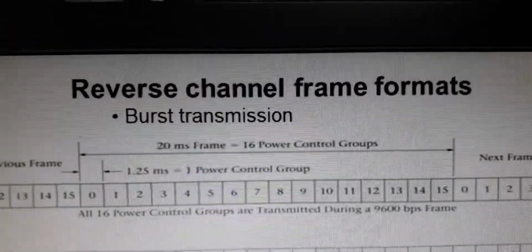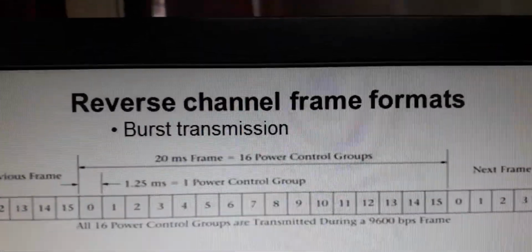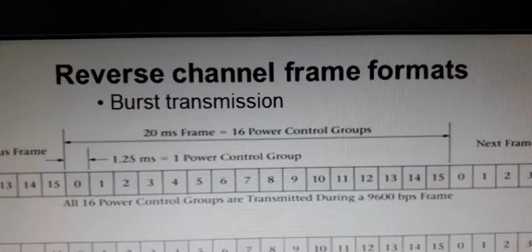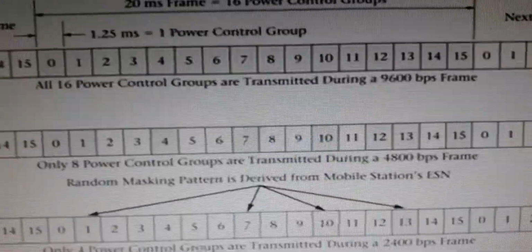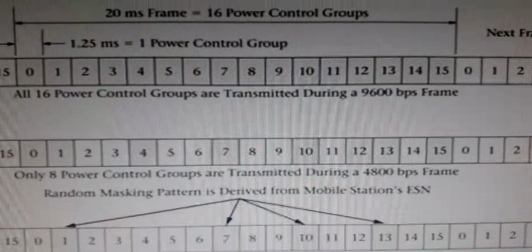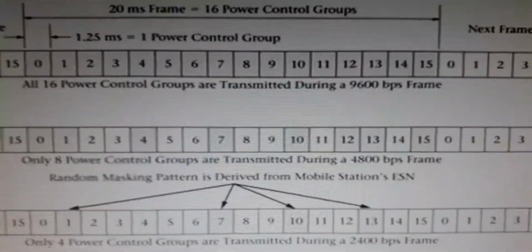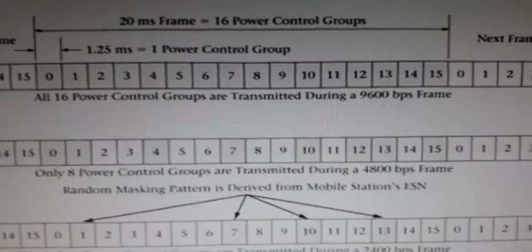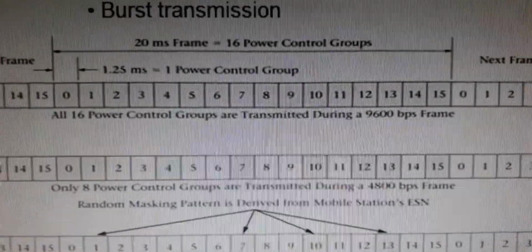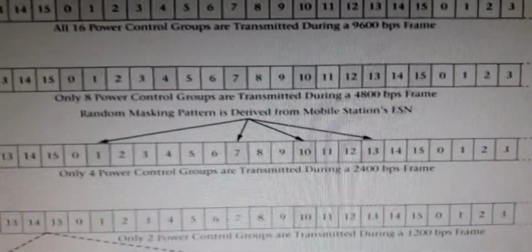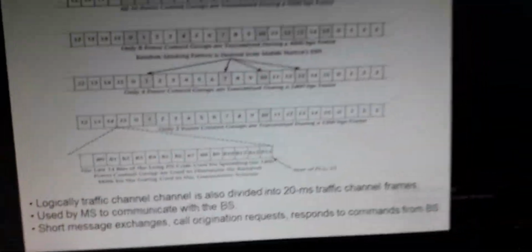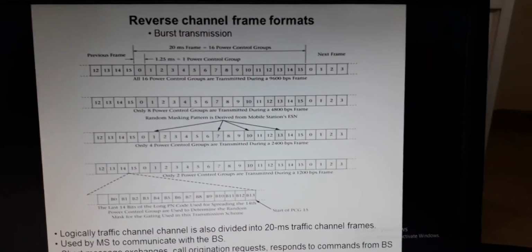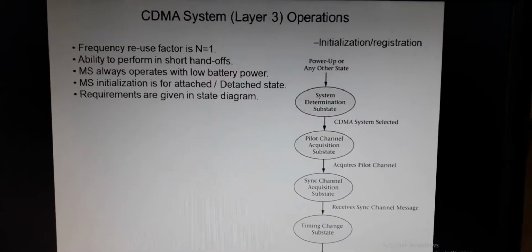Here 16 power control groups means one complete frame is used for power control groups. And this is 8 power control groups, that means every alternate one, there will be 8 power control groups in the frame. Then only 4, then only 2. So like this is a 20 millisecond traffic channel frame. That is the reverse channel frame format.